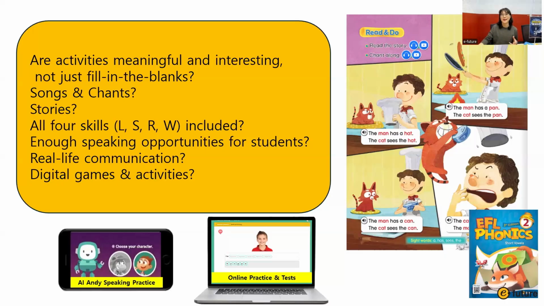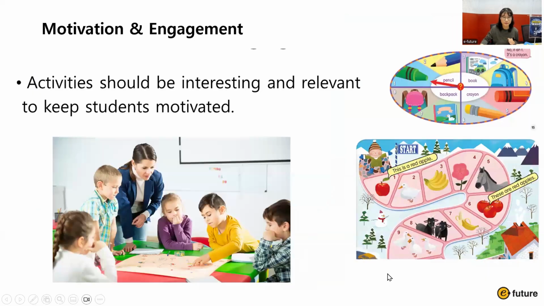But it should be fun practice. And we also have a mobile app and online practice for extra practice. Activities should be interesting and relevant to keep students motivated. So games and activities are good for motivation and engagement.